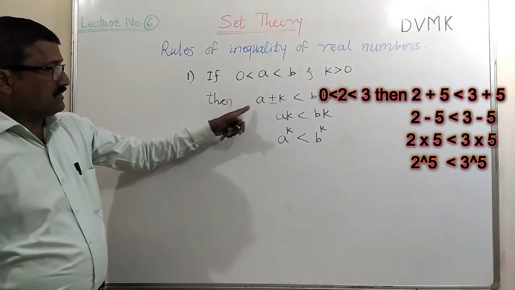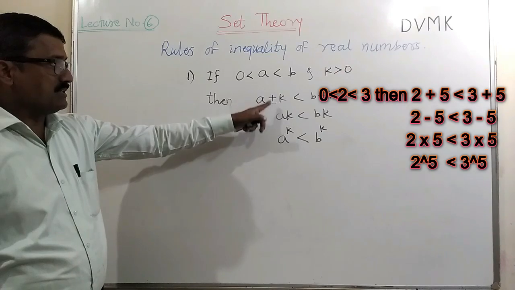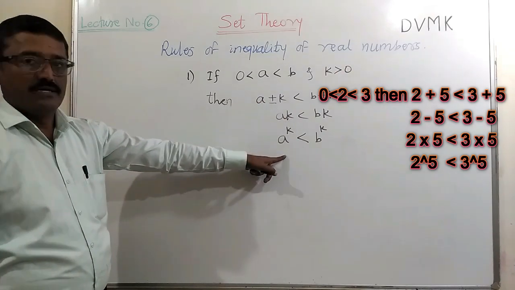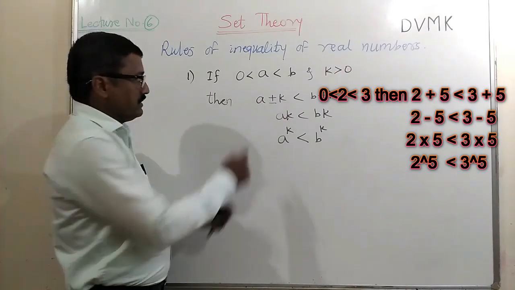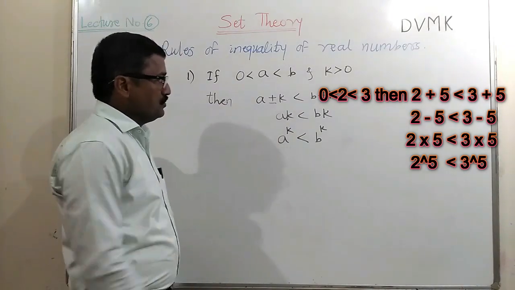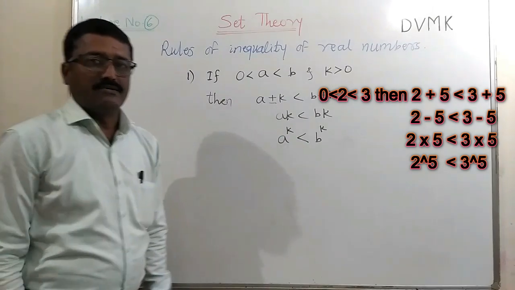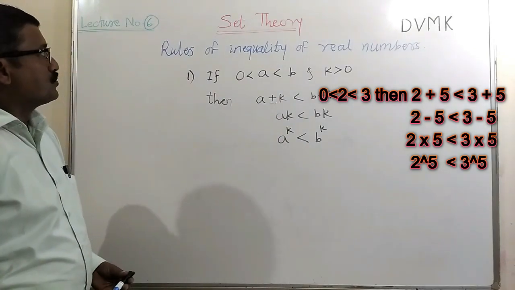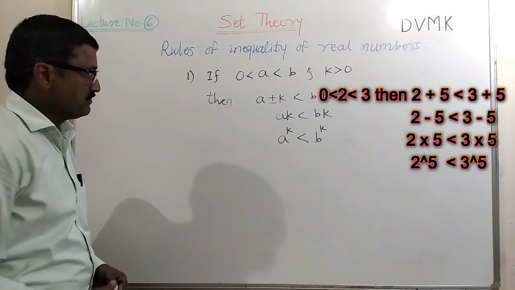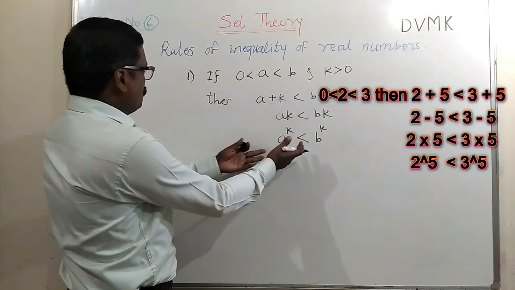So these are the four: addition, subtraction, multiplication and power. These four rules or four properties are there in which there is no change in inequality. That is the first rule of inequality of real numbers.